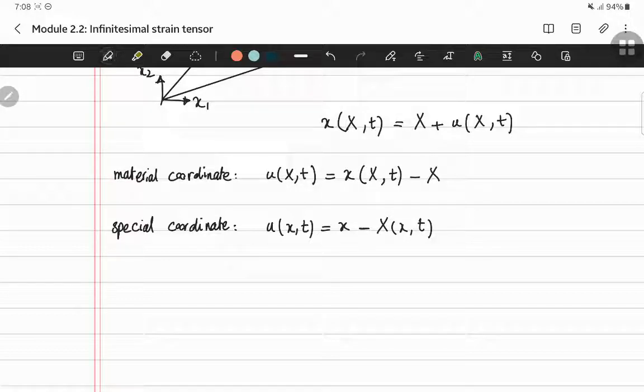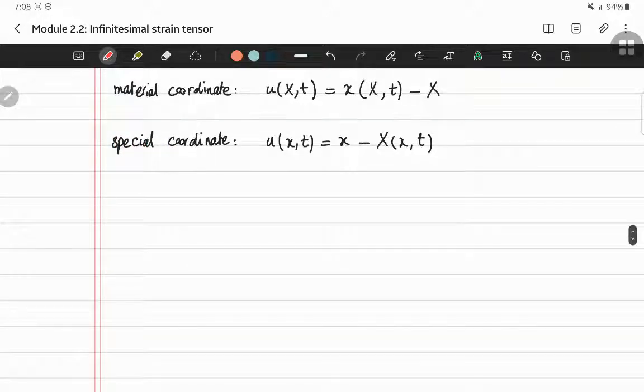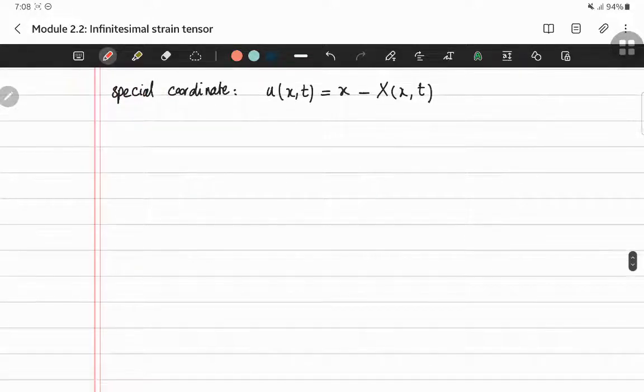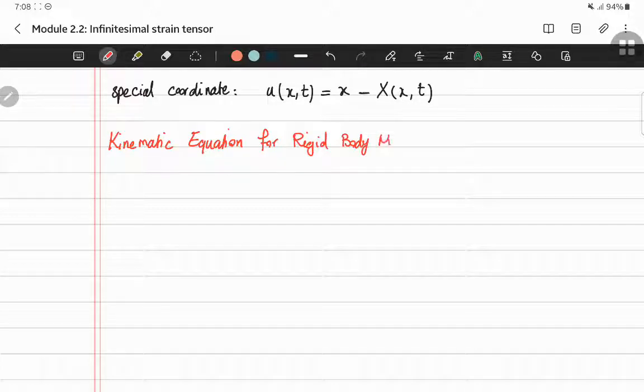So the next preliminary topic is the kinematic equation for rigid body motion.